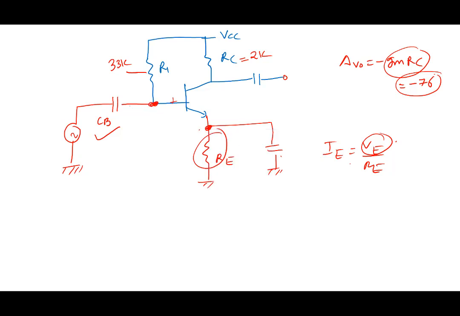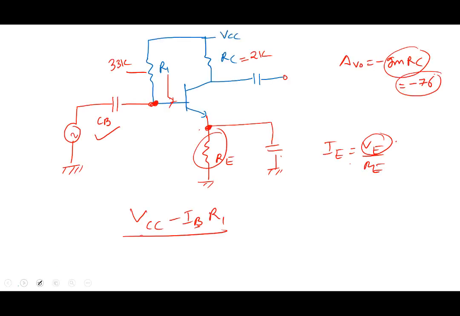Who decides this voltage now? This voltage is what? VCC minus what? VCC minus IB times R1. That voltage becomes a function of IB. We don't want that. We don't want IB to appear anywhere because IB is going to vary a lot. So this voltage becomes a function of IB.